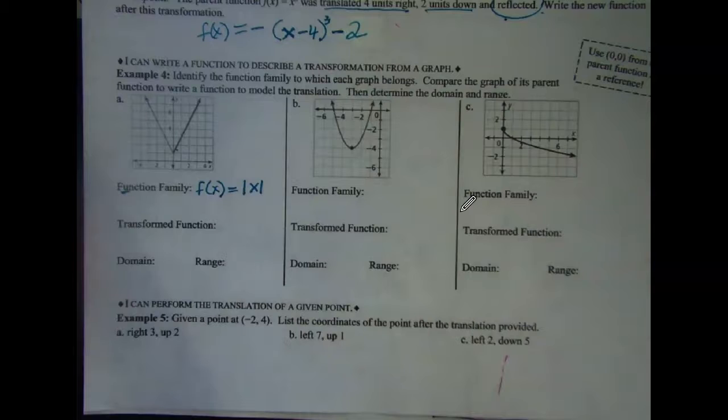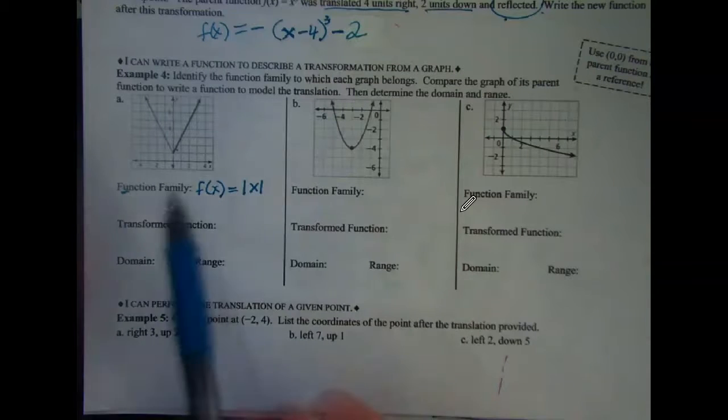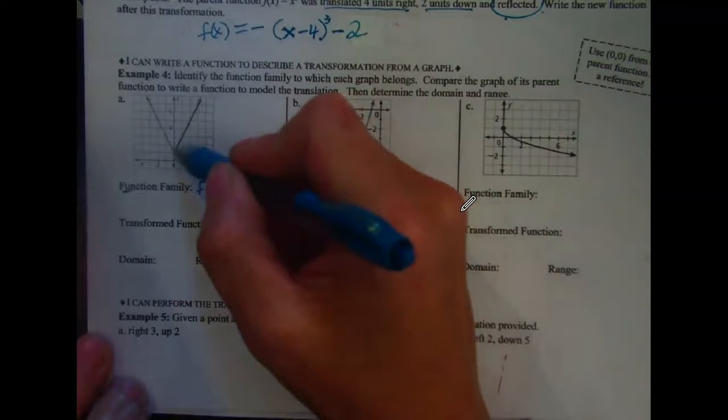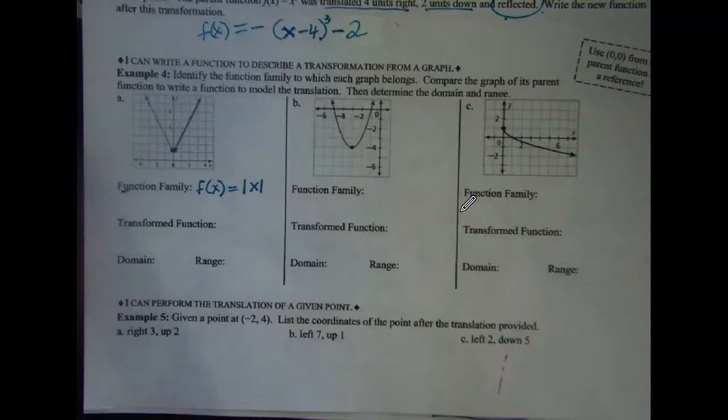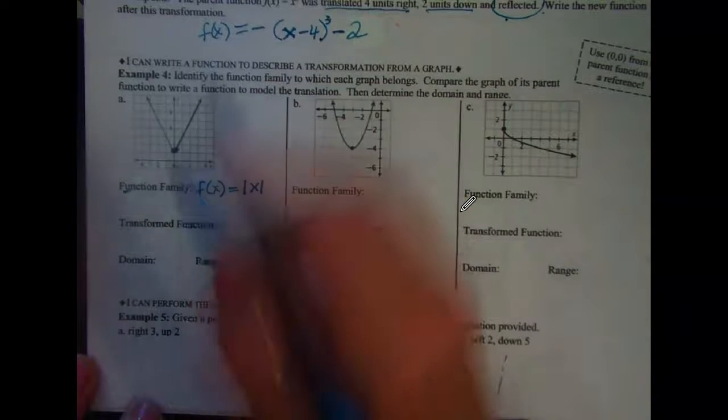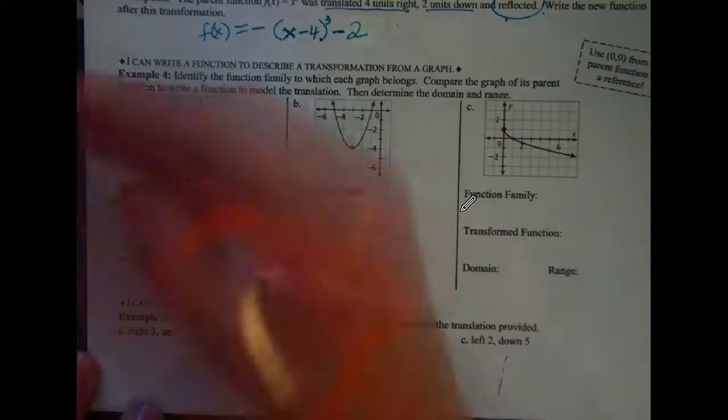Then the next part we're going to look at is what was the transformation? What happened? So we're just dealing with 0, 0. We just want to see what happened if I was at 0, 0. So I'm just going to use 1 point. I like to use where they meet on here. For this one, I'm going to use 0, 0 and see where it went to.